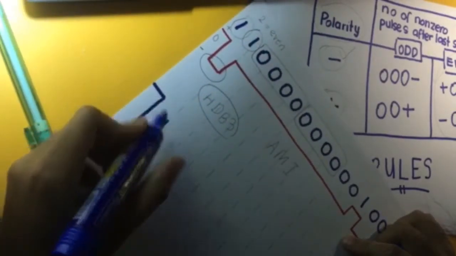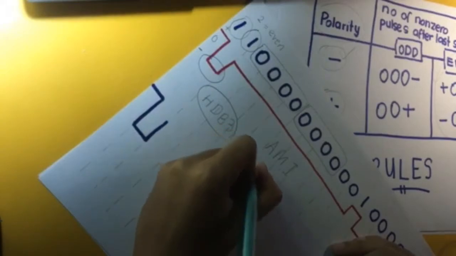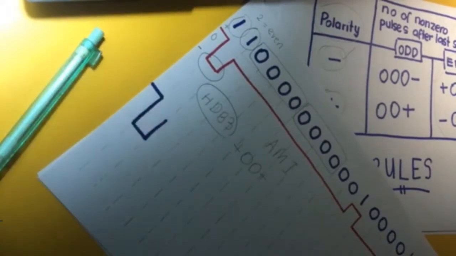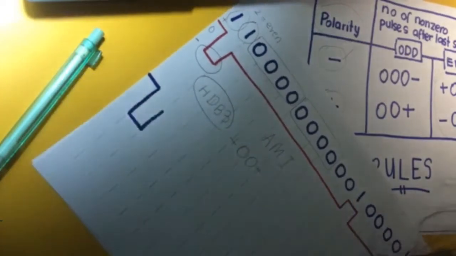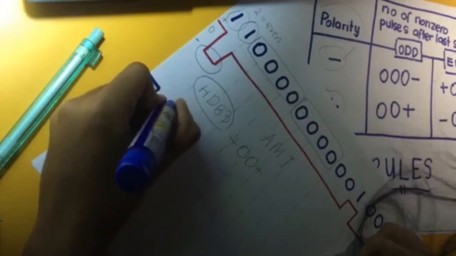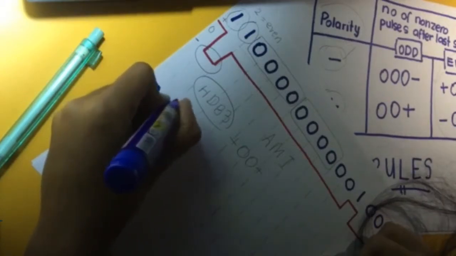So the polarity is negative. We're going to use plus 0, 0, plus, for which the graph will look like this. Going to put plus.